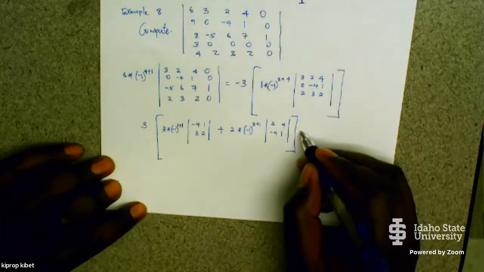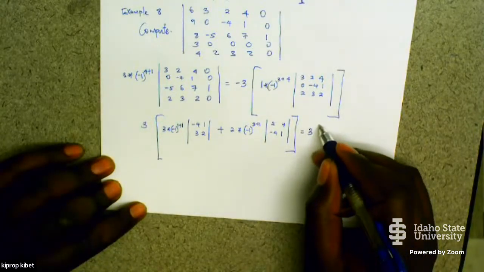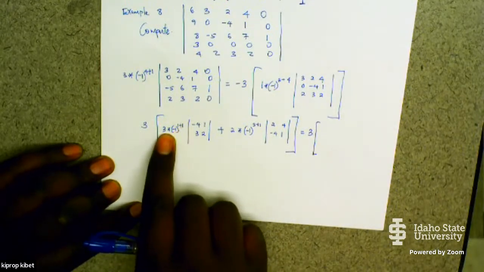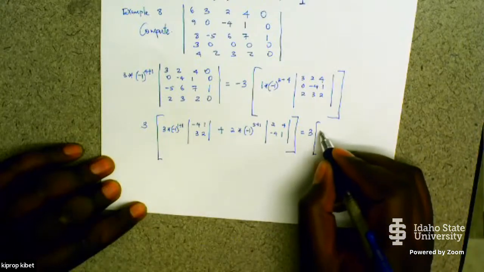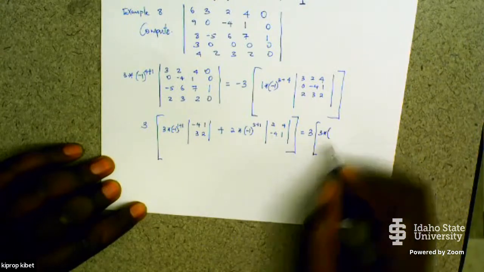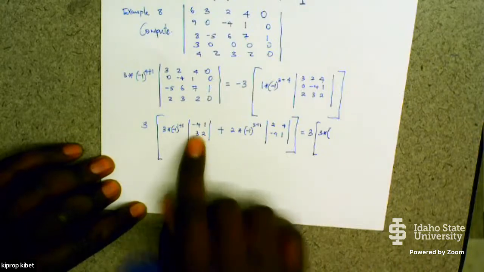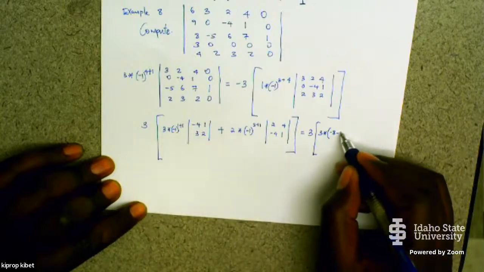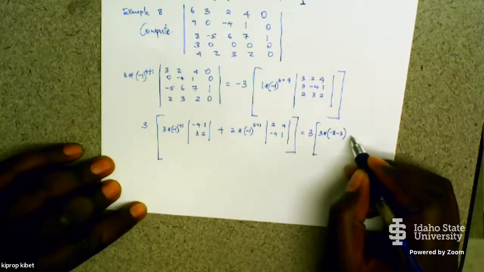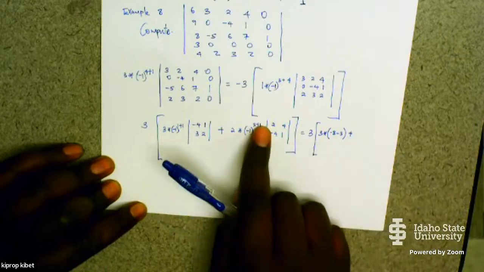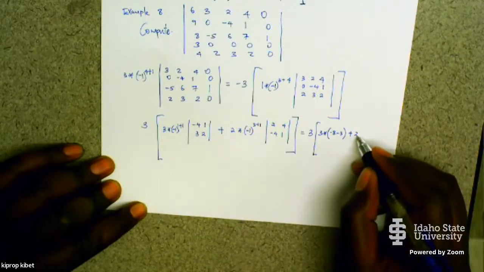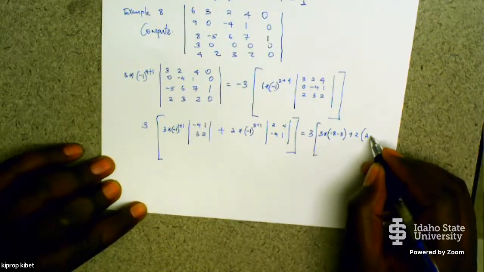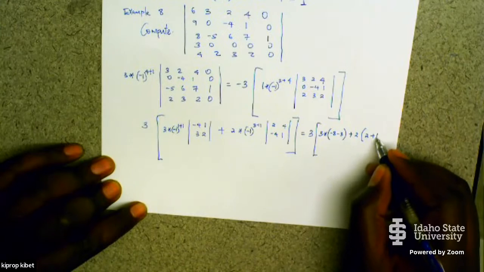Now this is equal to 3 outside, and 1 plus 1, of course, will be positive. So 3 multiplied by, now this is -8 minus 3, plus 3 times 2, and then brackets, 2 plus 16.